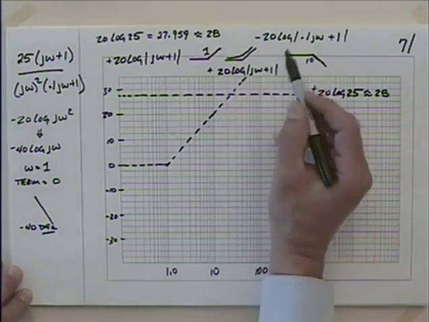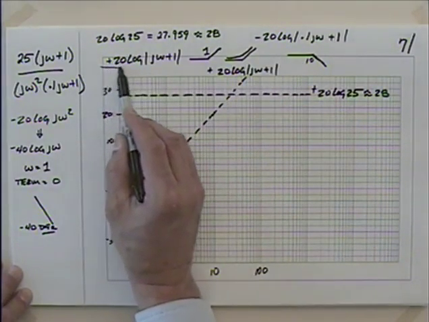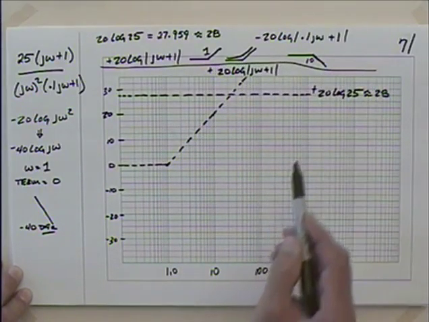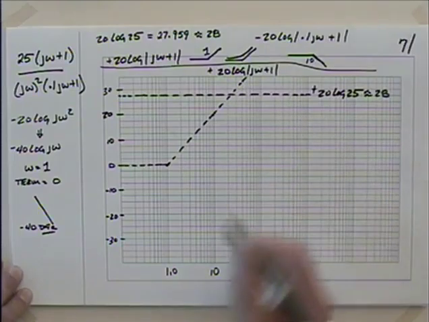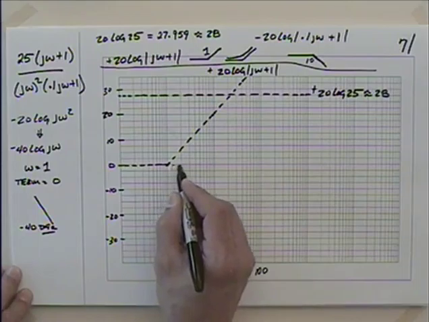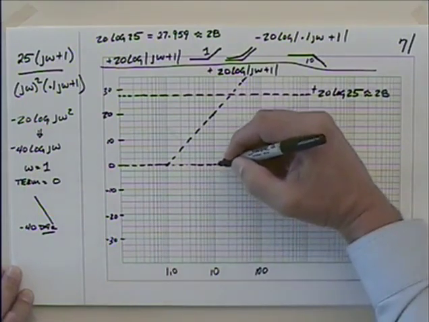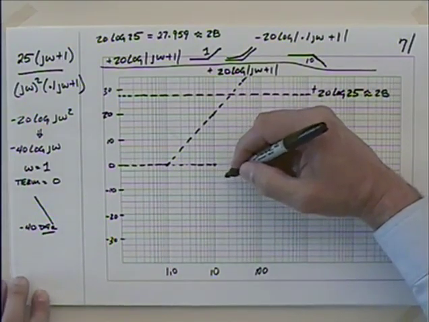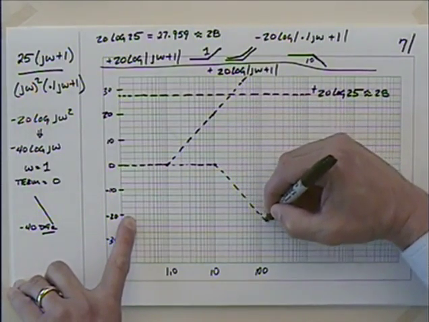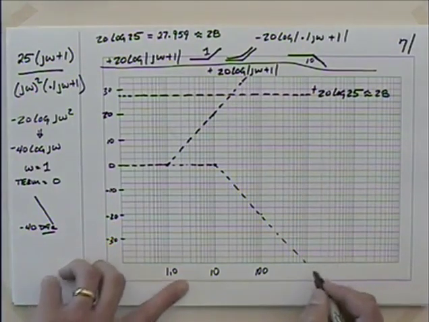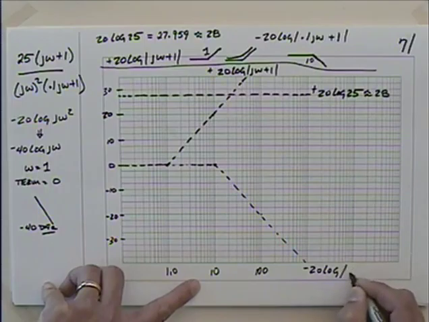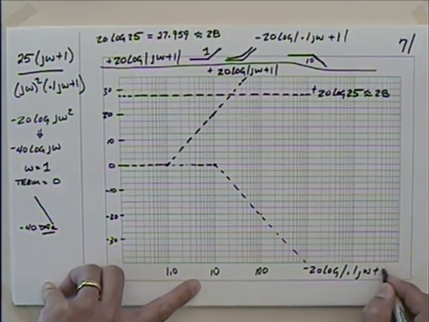So you've got those two. If we look at this one, minus 20, I'm going to go over at 10. It's going to turn down, isn't it? 20 decibels per decade. So there's minus 20 log 0.1 j omega plus 1.